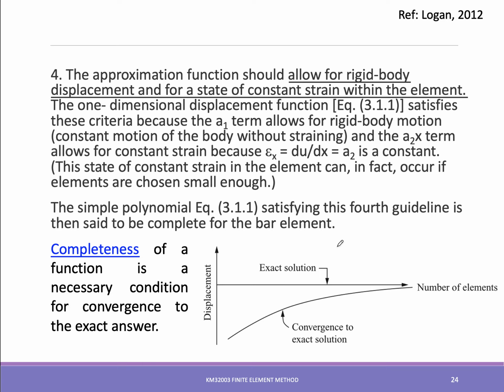Meaning to say, for example, in the one-dimensional displacement functions, which is given by a1 plus a2x. So a1 will give the so-called displacement, which allows the rigid body to displace, and then there is a component of a2x, which allows the straining within the elements.